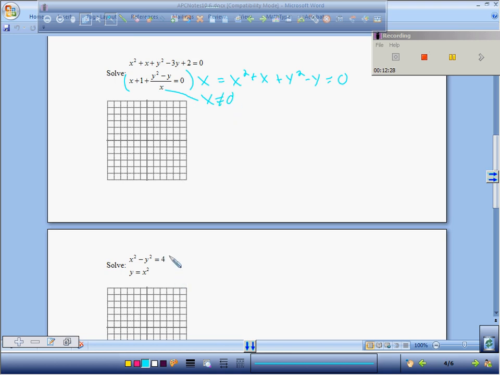So when I solve this system, if one of my solutions comes out to be x equals 0, I got to get rid of that, okay? And then I'm going to put this one right on top of it, okay? x squared plus x plus y squared minus 3y plus 2 equals 0. And then I'm just going to subtract those two equations.